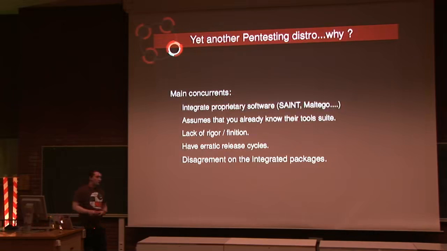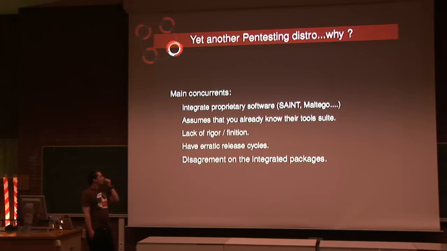So many people may think, after all, why starting another penetration testing dedicated distribution? So to me, it's the main reason why another competitor may be introduced in this kind of operating system.